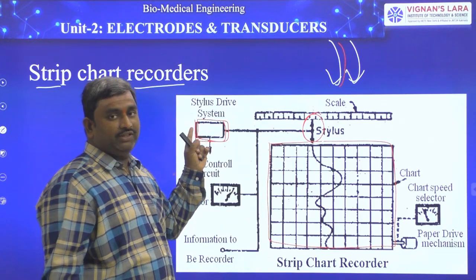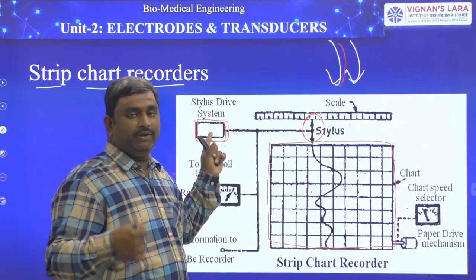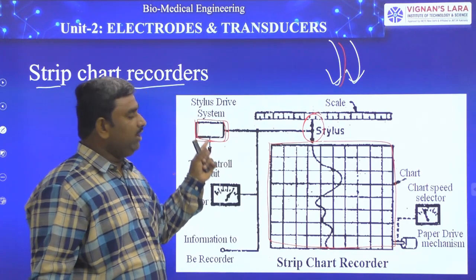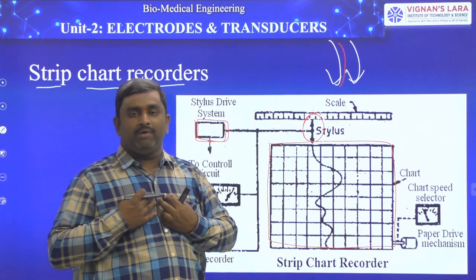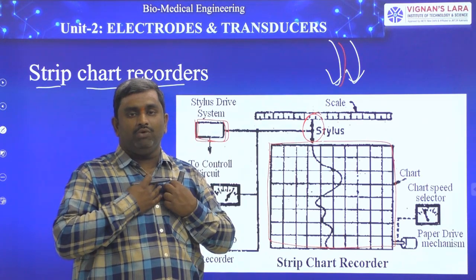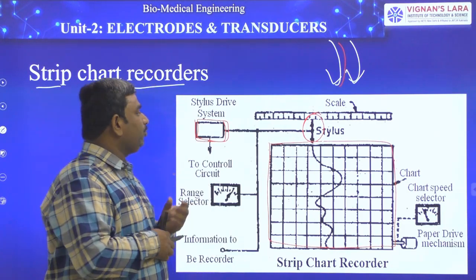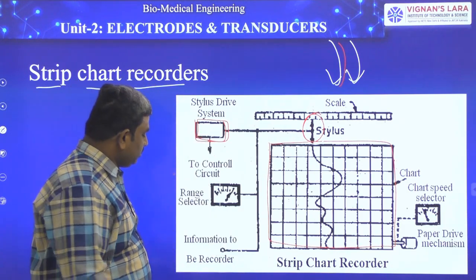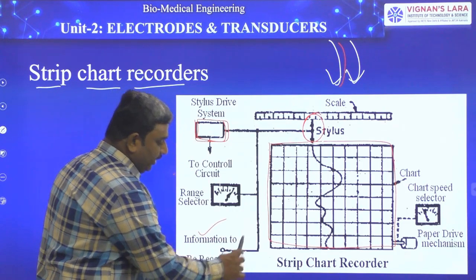For this stylus drive system, an information source is required. Here we need an information source, and that information source is our human body. How the electrical activities are generated in the heart, the same information we have to give to the stylus drive system. So this is the information to be recorded.